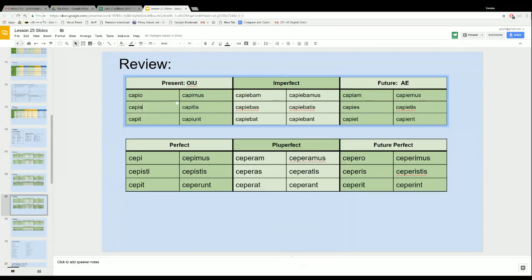Capio, capis, capit, capimus, capitis, capiunt, capiebam, capiebas, capiebat, capiebamus, capiebatis, capiebant. And then capiam, capies, capiet, capiemus, capietis, capient. And then the perfect system is totally normal. So really the only thing that we need to focus on is this present system.